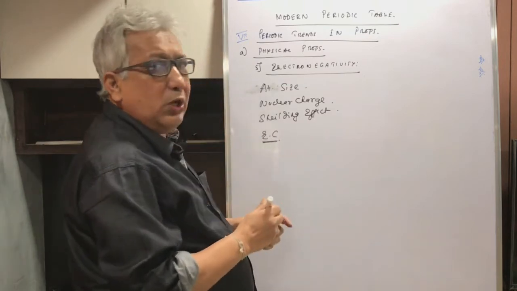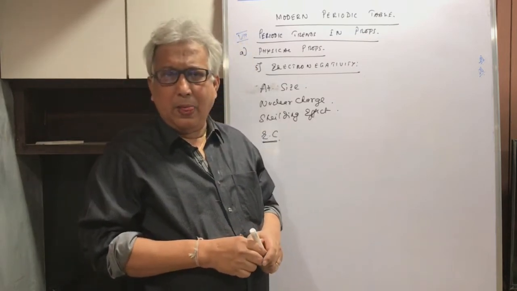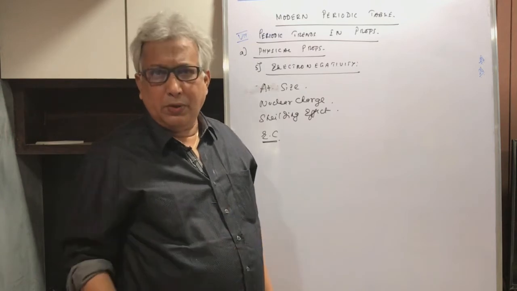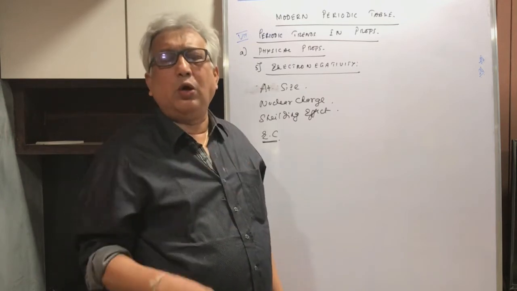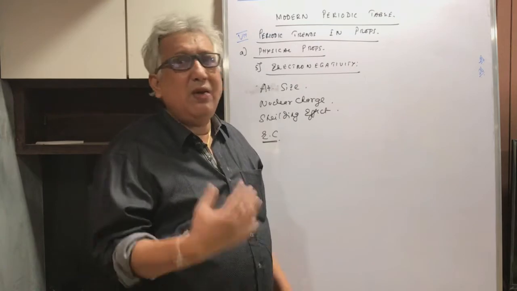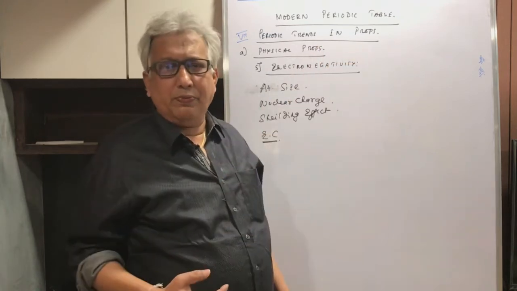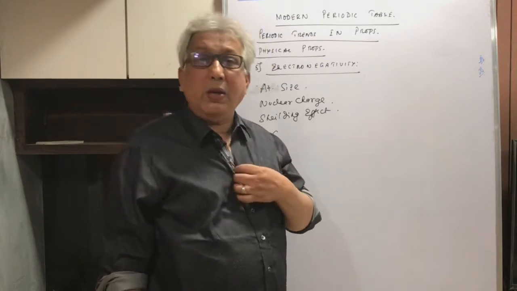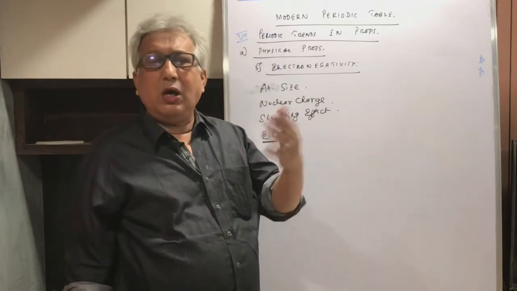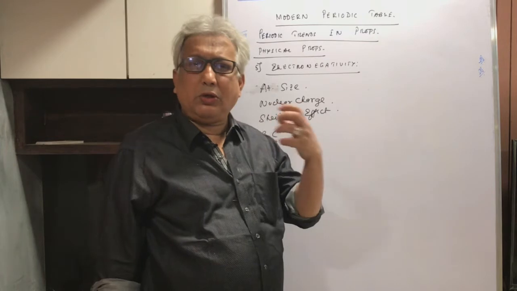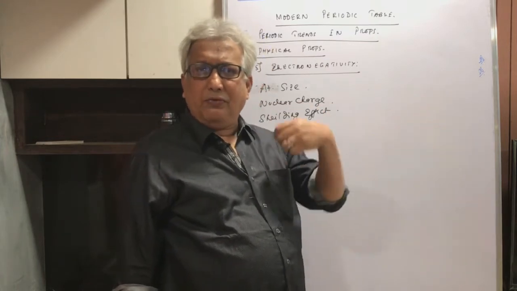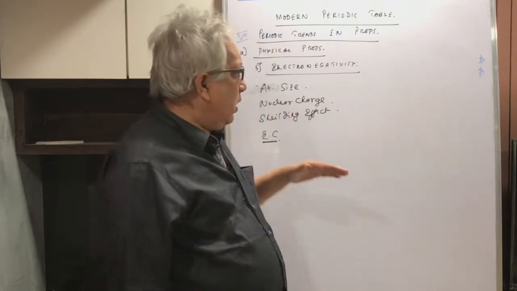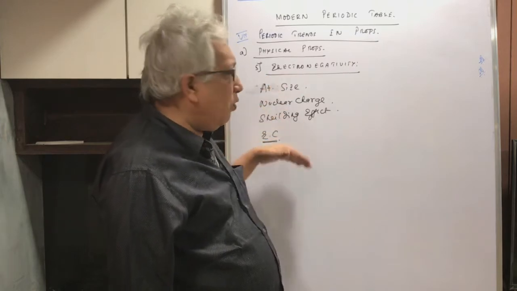For example, sodium might be a small atom comparatively as compared to, let us say, bromine, but sodium has got only one electron in the outermost shell, so he will never be interested in pulling an electron. But bromine is much bigger than sodium, but bromine has got 7 electrons in the outermost shell, so it will always try to pull the electron cloud from the other fellows. So that is why it also depends upon the electronic configuration.